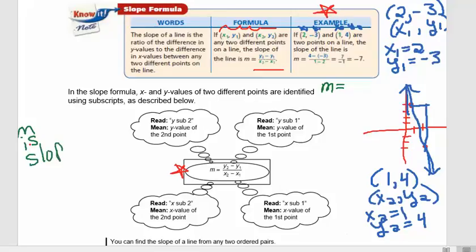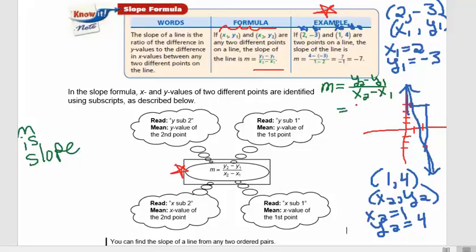The letter m stands for slope in a linear equation. So m is equal to y sub 2 minus y sub 1. That's the difference of the y values. And on the bottom, we take x sub 2 minus x sub 1. That's the difference of the x coordinates.